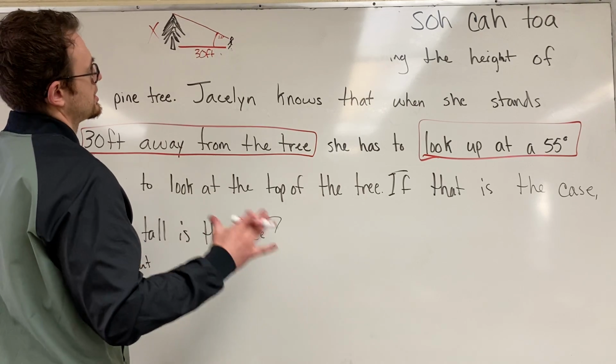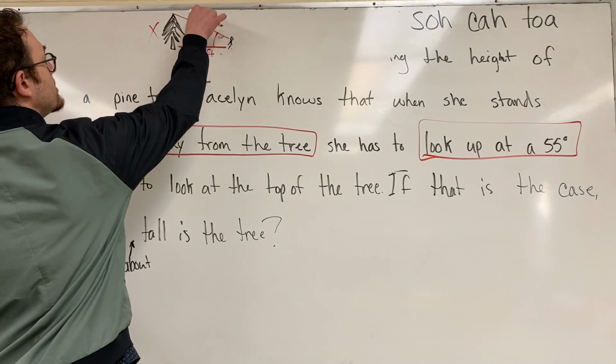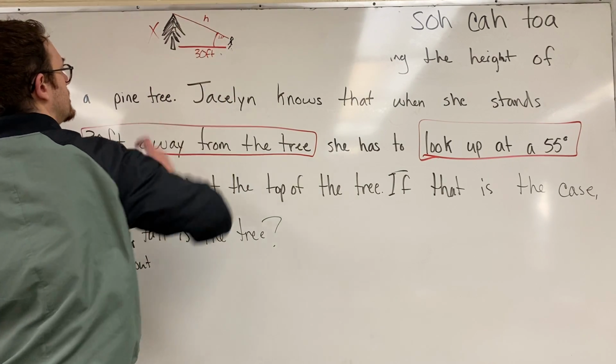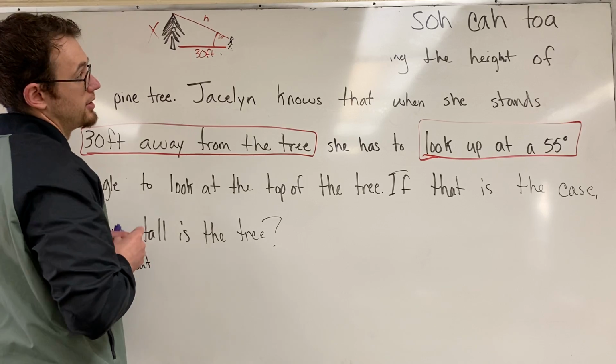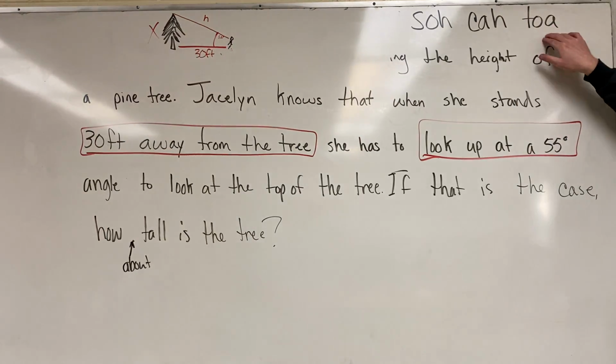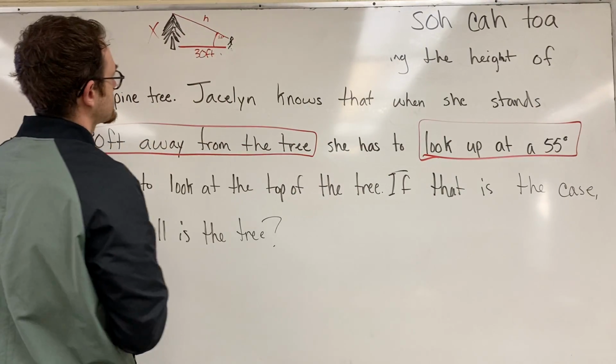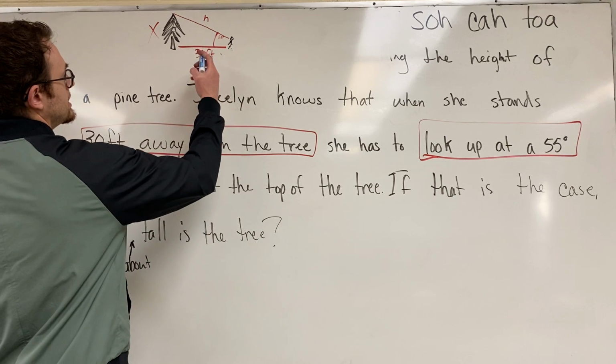SOHCAHTOA. I don't have the hypotenuse. This is hypotenuse. I don't have it. So that only leaves one. That leaves TOA. So we're gonna use tangent. All right, so I'm gonna set up the tangent problem. And this would be adjacent.